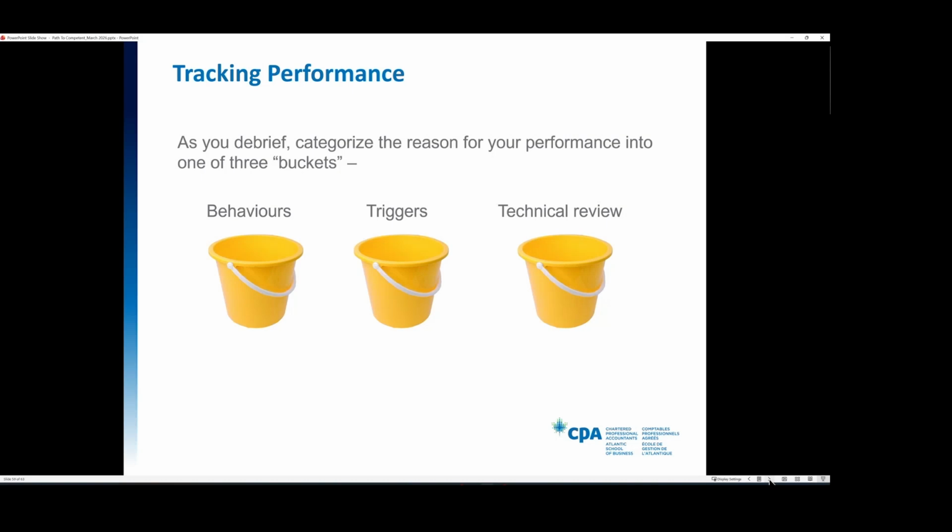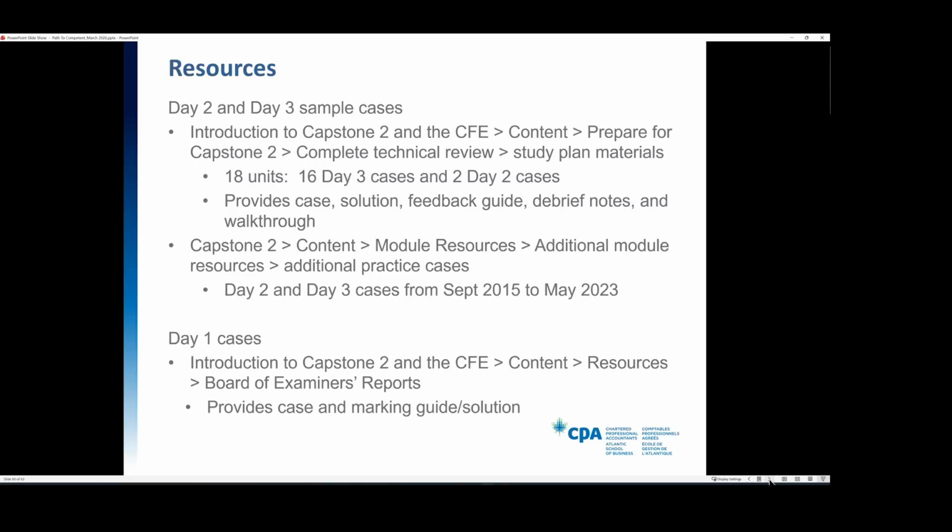Write down some of the triggers that tend to happen, the types of quantitative information that you're given, and how that helps determine the appropriate tool that you use. Write down the areas that you're struggling from a technical review piece so that again, when you look at your study time, that's where you're going to go back and spend your time.